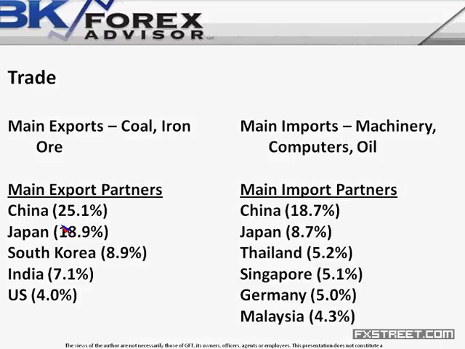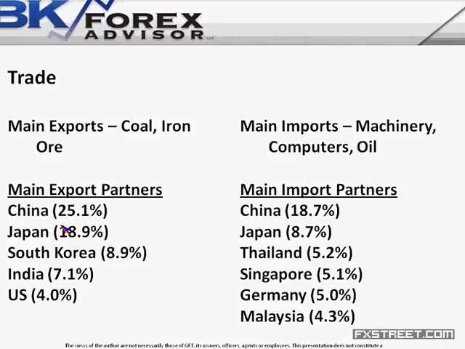Now, they don't do too much trade with the Eurozone as a whole, but the problems in Europe will affect global demand and will affect demand for Chinese goods, and also will affect the asset markets or the stock markets in general. And what that does is it filters down into the Australian economy by affecting how the Australian stock markets trade, as well as how the Australian dollar trades.